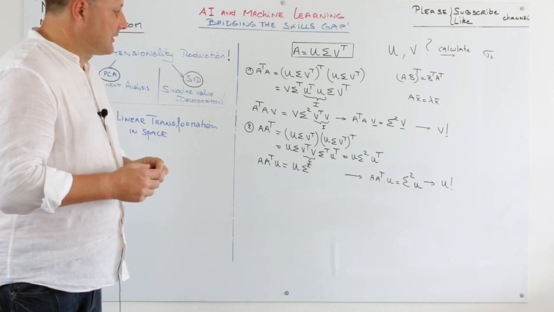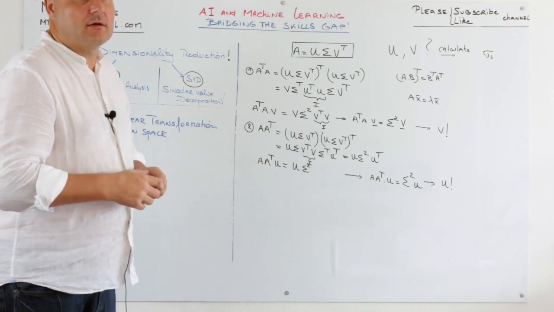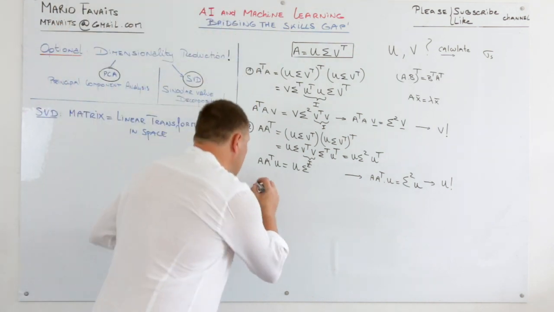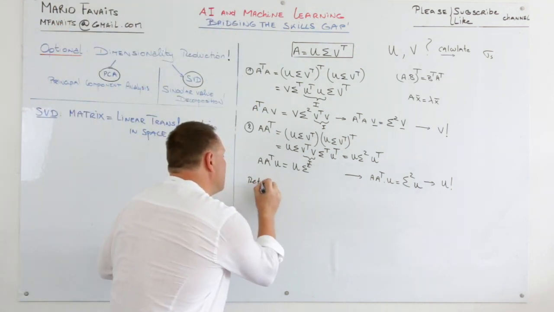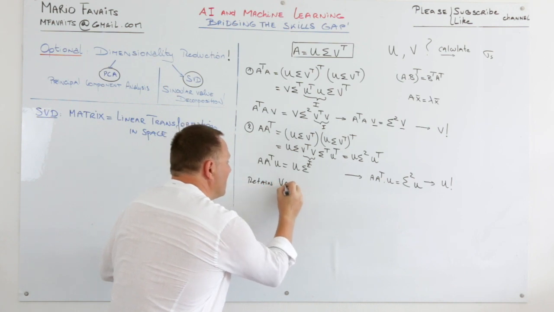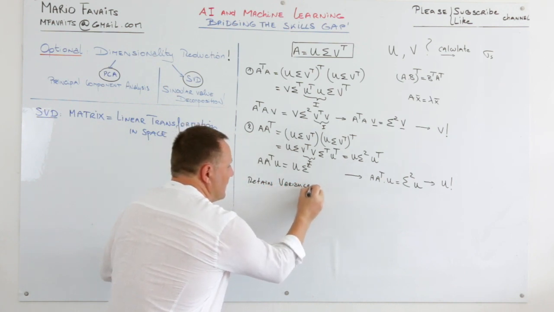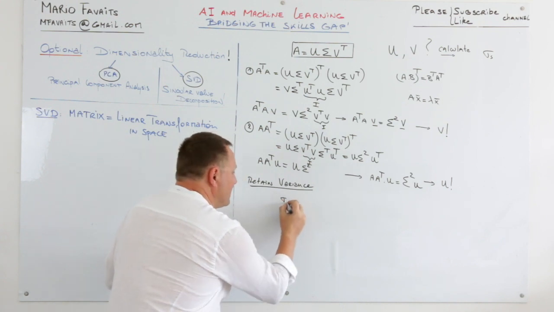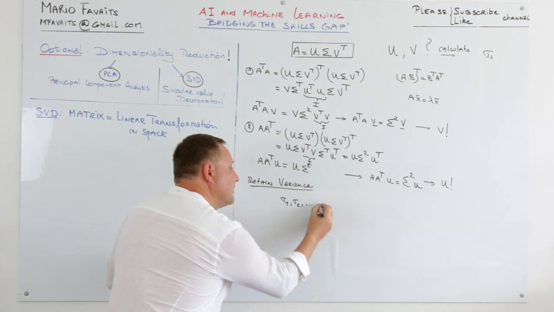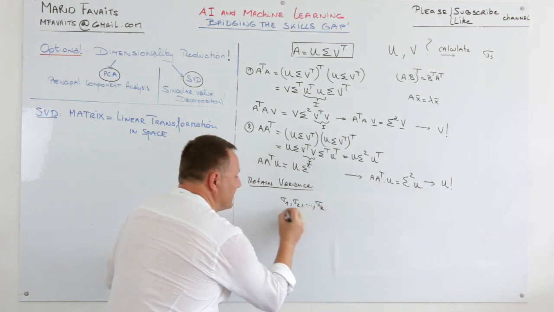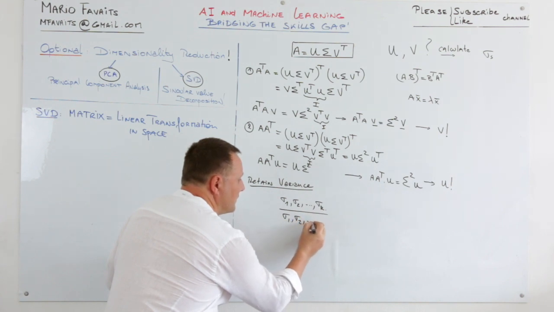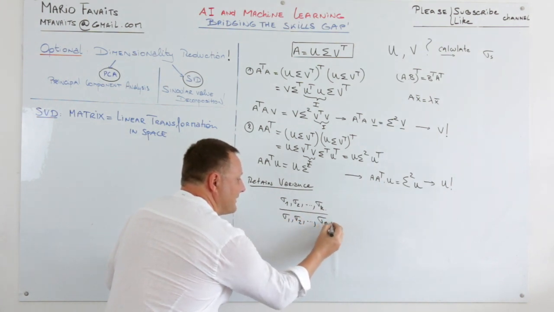And of course, how can we retain as much of the variance as possible? So retain variance, very similar to what we had with the PCA. You have sigma 1, sigma 2, and so on to sigma k, and we divide it by sigma 1 to sigma 2 to sigma n.